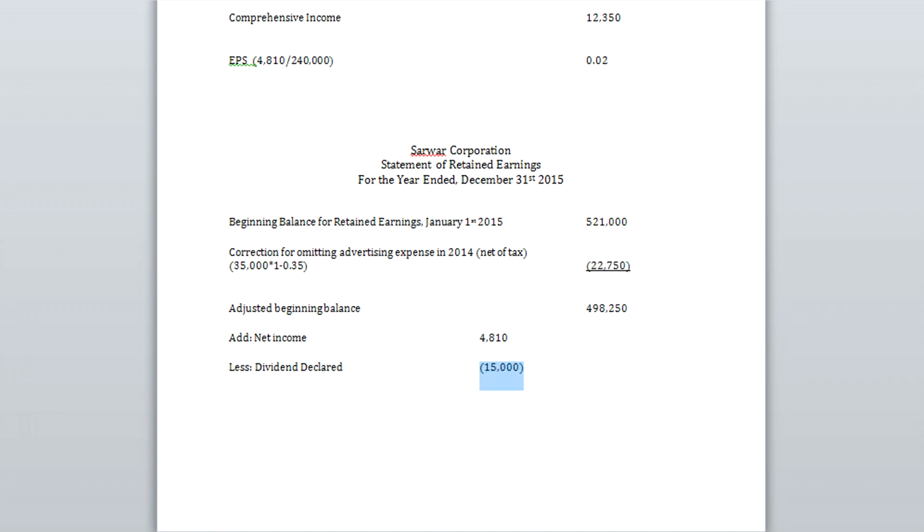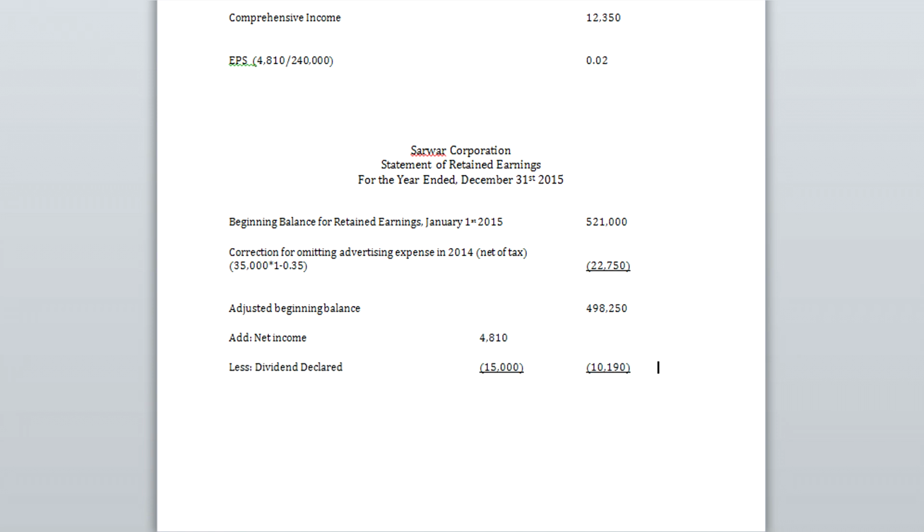All these adjustments combined together give us a net amount of $10,190. This is basically just your $4,810 subtracted by the $15,000 here. This is just the total of the adjustments.